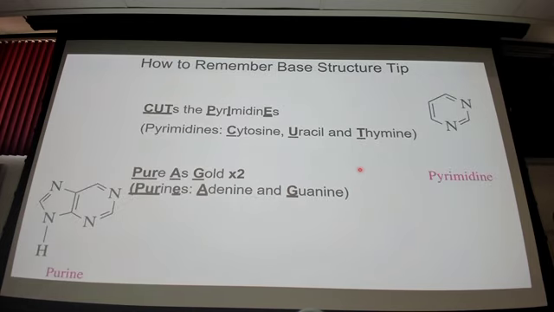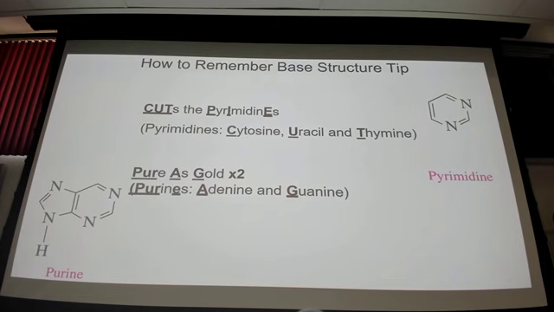A little trick to help remember the different components and structural features of the base structures. This little mnemonic, cut the pie. Pyrimidines, pi is coming from pyrimidines, and pyrimidines contain cytosine, uracil, and thymine. Now for the purines, there's two purines, adenine and guanine, and so pure gold times 2. Pure for the adenine, gold for the guanine.